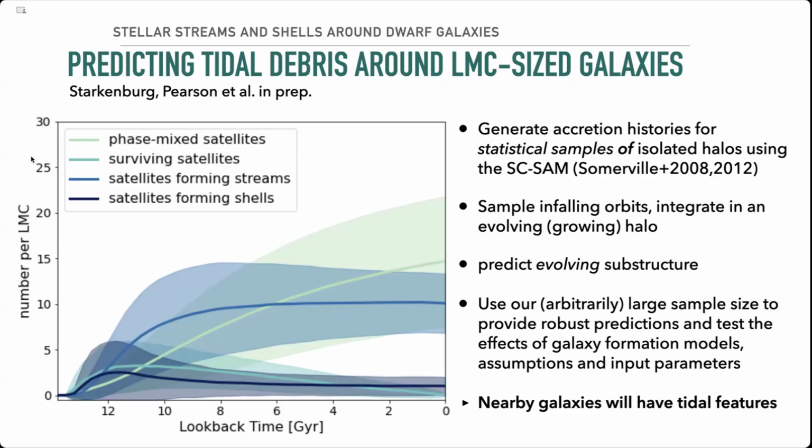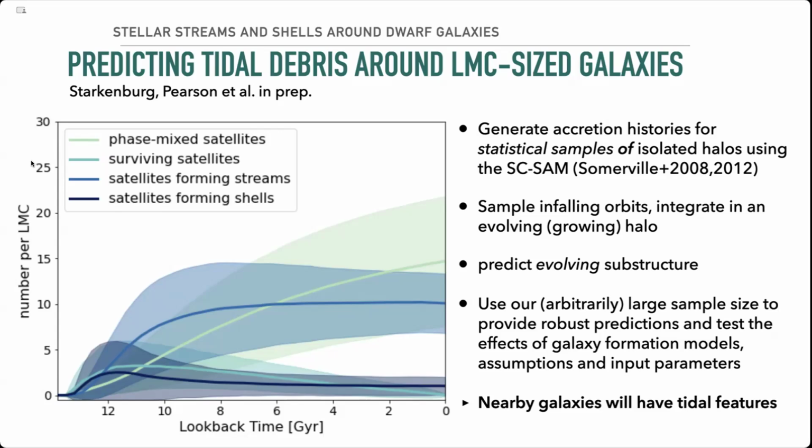And since it is under discussion if, for example, the Fornax dwarf spheroidal has a shell or not, I was wondering, okay, this is a study, a simulation for LMC galaxies, but does this, in your opinion, hold also for Milky Way size galaxies?